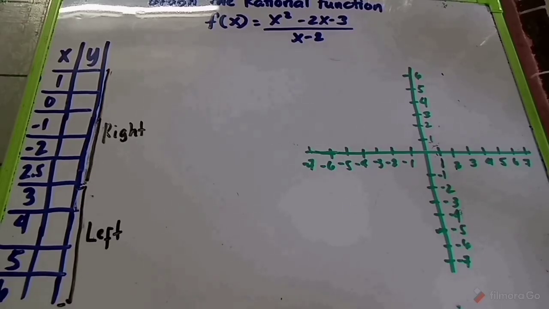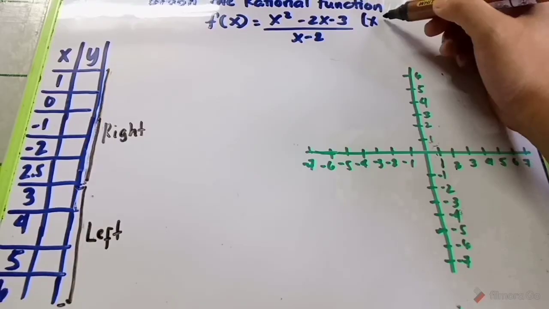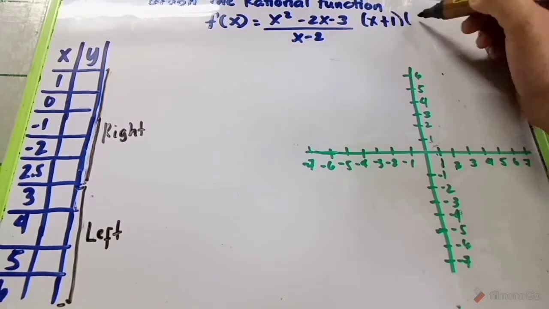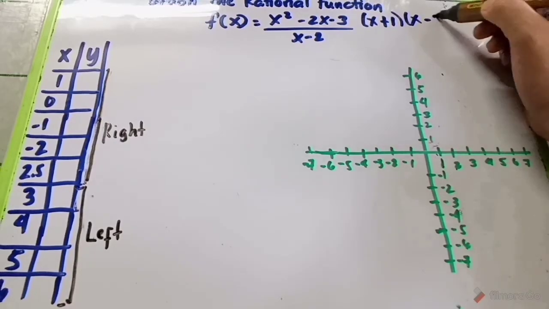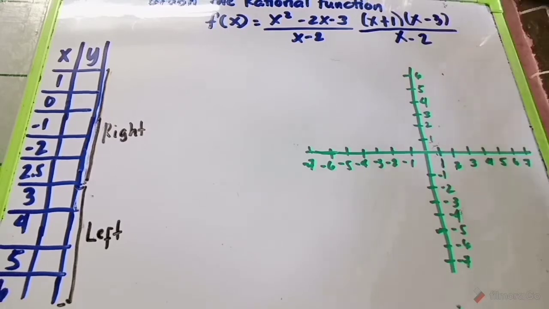First, look at the first degree, x squared minus 2x minus 3. And then we have to factor that. The factor of x squared minus 2x minus 3 will become x plus 1 times x minus 3, divided by x minus 2.